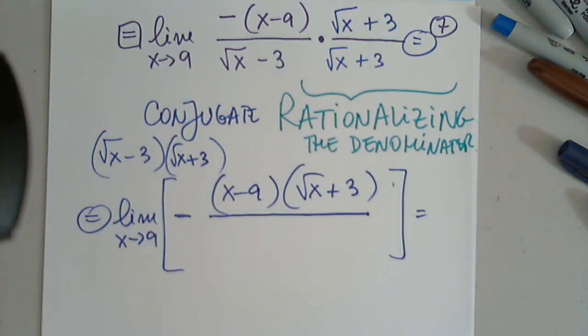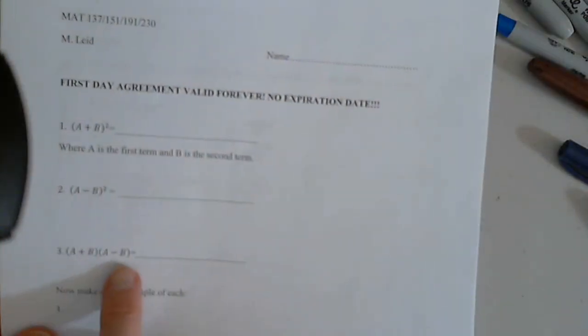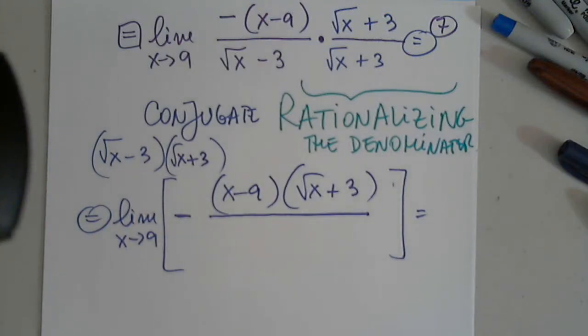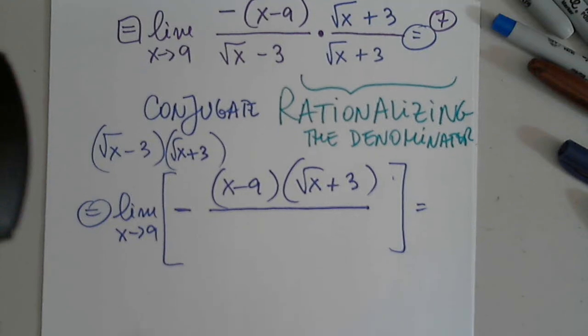Can anyone give us the denominator? x minus 9. Very good, because we are using a plus b times a minus b, which is a squared minus b squared. Well done. Who said so? It was me. Thank you. Thank you.